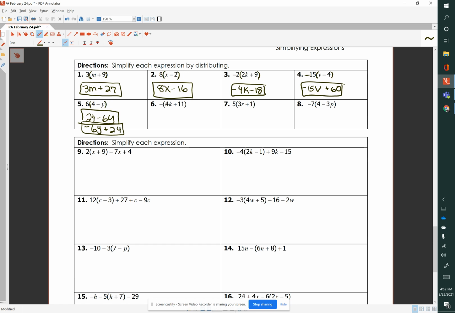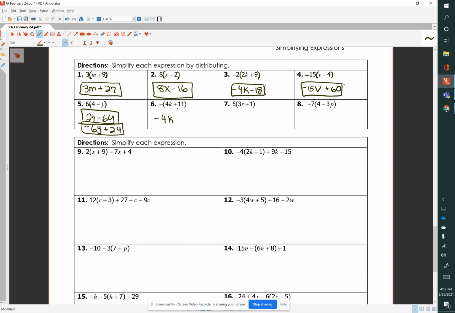Negative times the quantity 4k plus 11. What that is saying is that negative sign is a negative 1. It's an invisible 1. When you have a negative sign outside a quantity in parentheses, it simply acts to change the sign of the quantity in the parentheses. So negative times positive 4 is negative 4k.